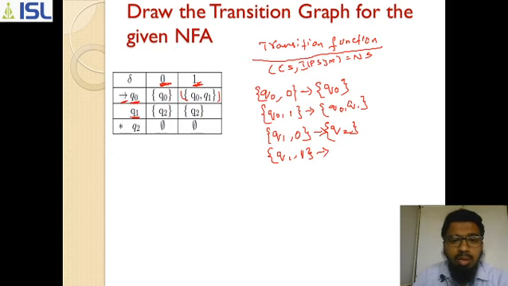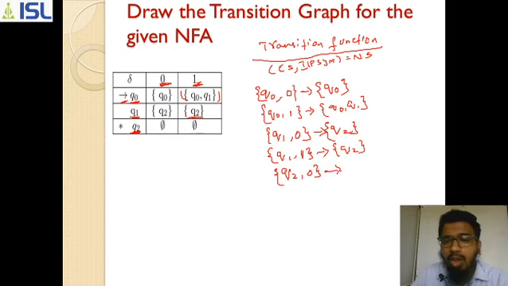What is the answer? We are getting Q2. Now the last ones: Q2 comma 0, input symbol 0, and we are getting phi, meaning empty. In the same way, Q2 comma 1, what is the answer? As per this table it is phi, empty.